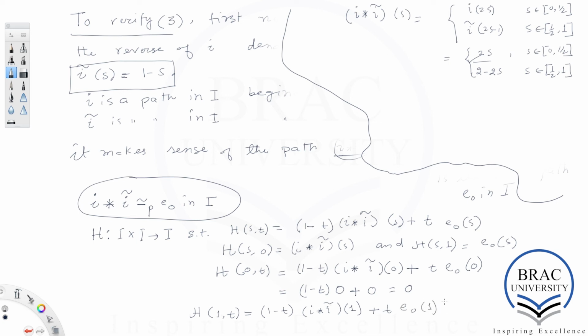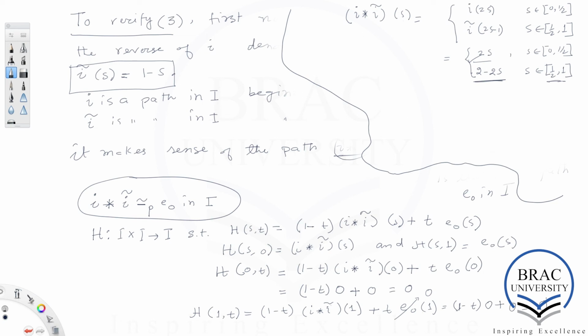Okay, now this is equal to (1 minus t) times I star I twiddle at 1. So I'm going to apply this formula now, because 1 is in this interval, so this is going to be 0, right? And this is 0 as well, because E0 is the constant mapping everything to 0.